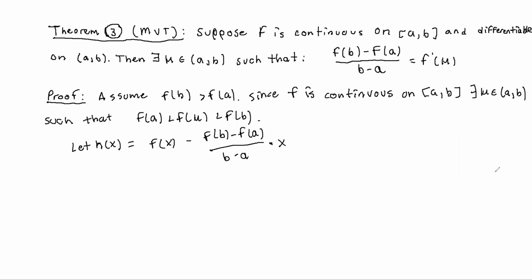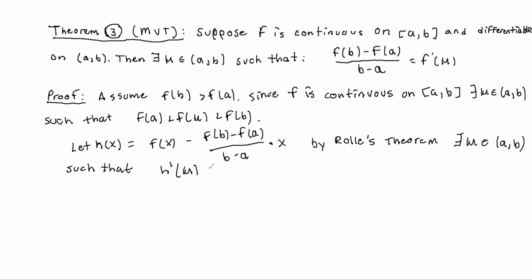So I could say, by Rolle's theorem, there exists a mu in a to b such that h prime of mu equals 0.